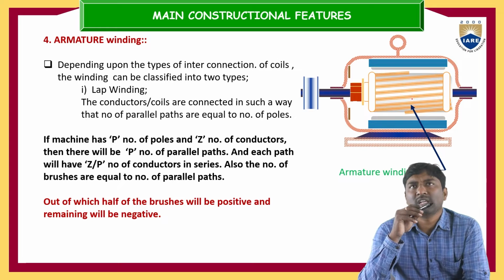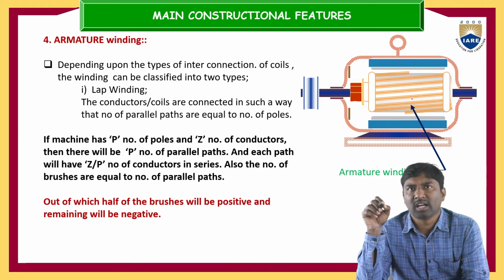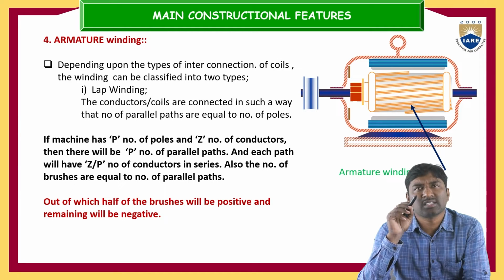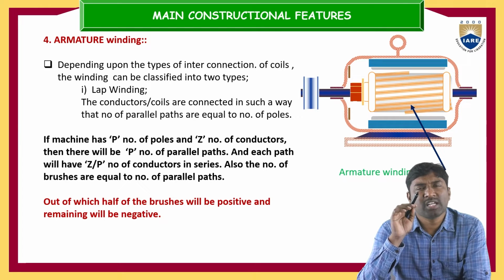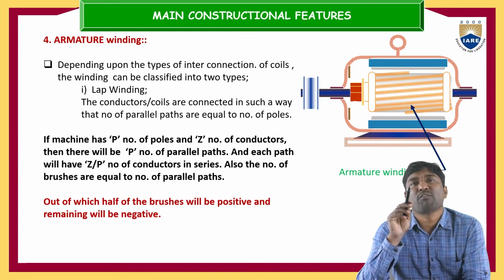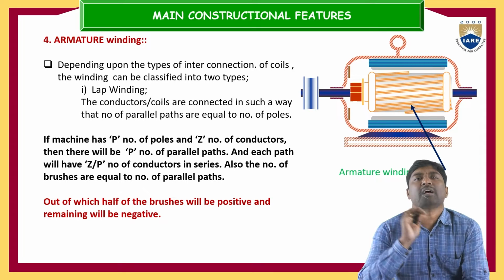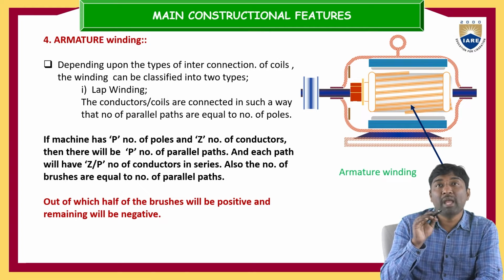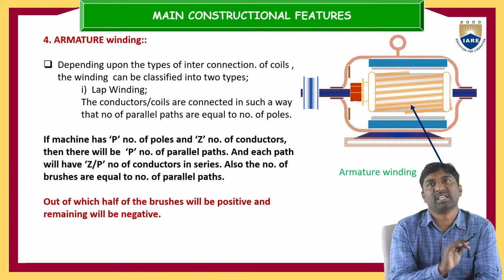We will discuss lap winding and wave winding clearly later. In lap winding, the conductors per coil are connected in such a way that the number of parallel paths is equal to the number of poles. For example, if the machine has P poles and Z conductors, then there will be P parallel paths in case of lap winding, and each path will have Z by P conductors in series.